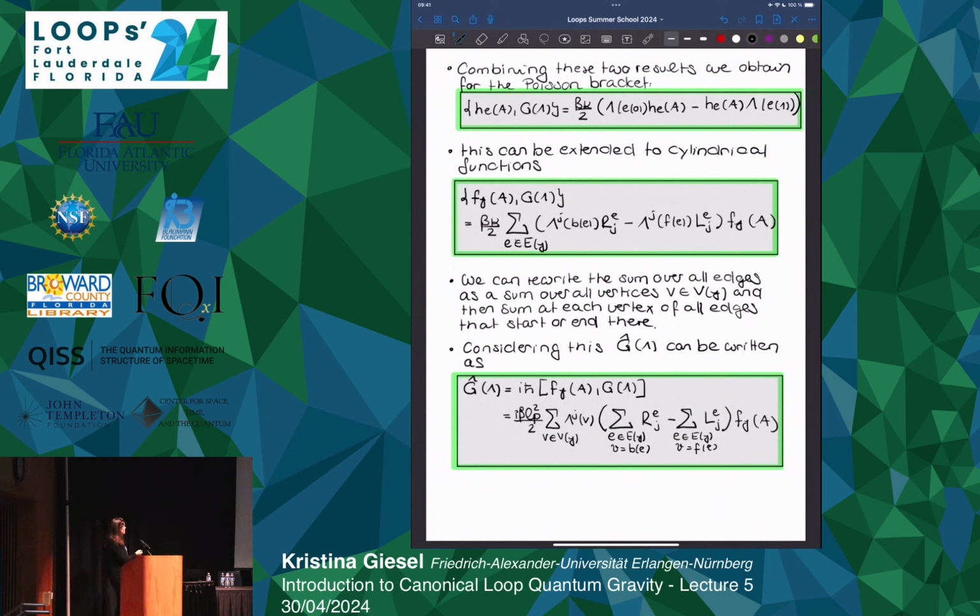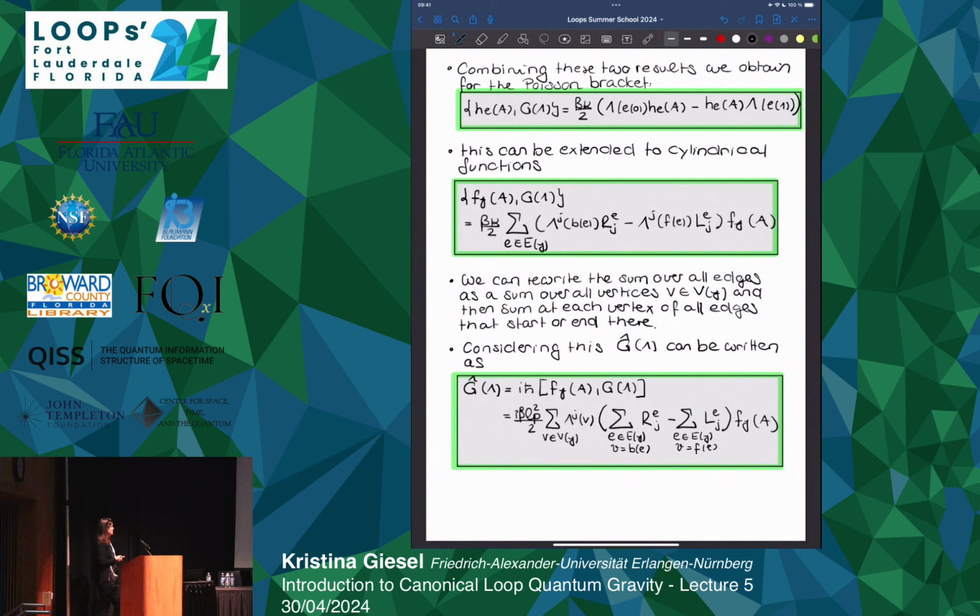So I sum over all edges which are included in gamma, and then basically copy the result here for each edge from the top, and write it again in terms of right, respectively left invariant vector fields on SU2, which depends on whether the edge is outgoing or ingoing.